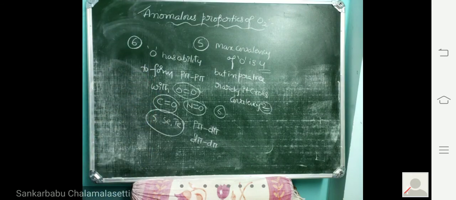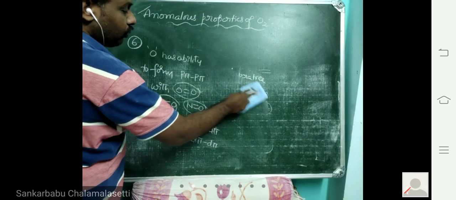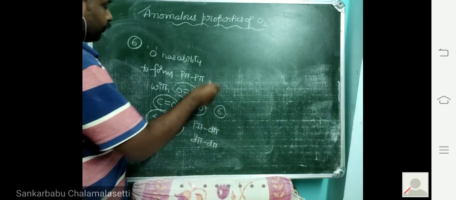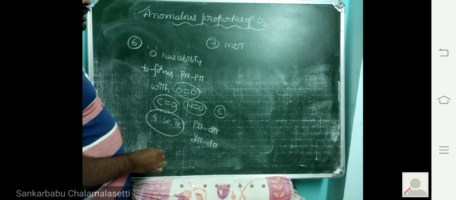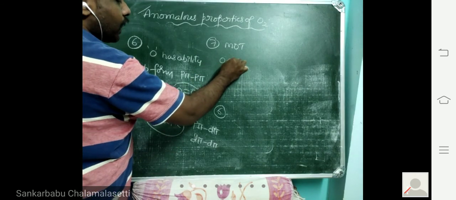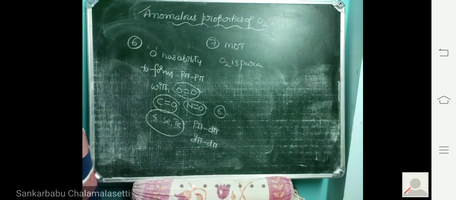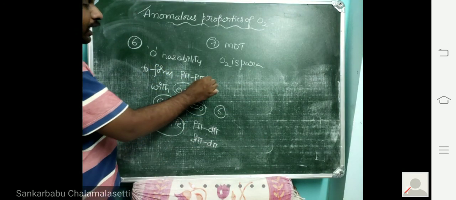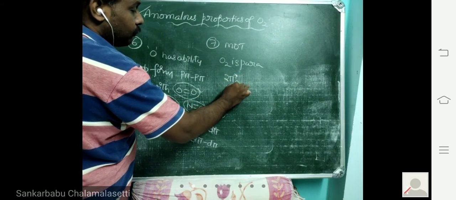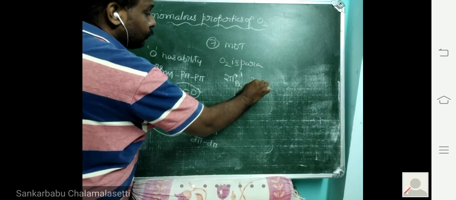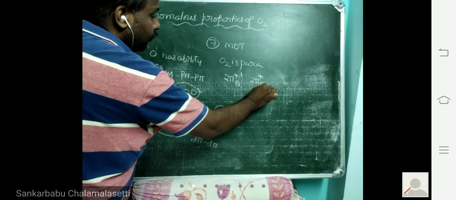And the last anomalous property is, according to molecular orbital theory, MOT, oxygen is paramagnetic. Oxygen is paramagnetic due to the presence of two unpaired electrons in anti-bonding 2 pi star px1 and 2 pi star py1.